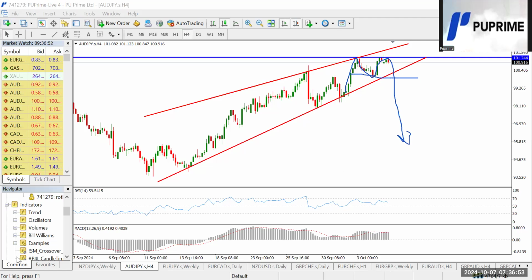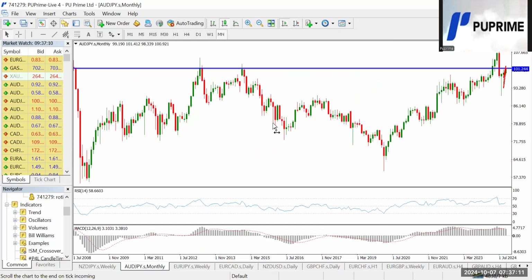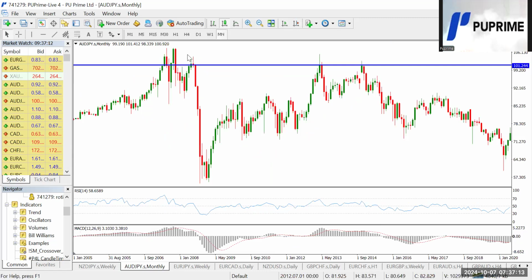And final reason why I'm looking at a possible sell trade on this is because on the monthly time frame, we can clearly see that price is trading on a previous resistance level. And at resistance level, we look for opportunity to sell. And this resistance level dates back to year 2008.